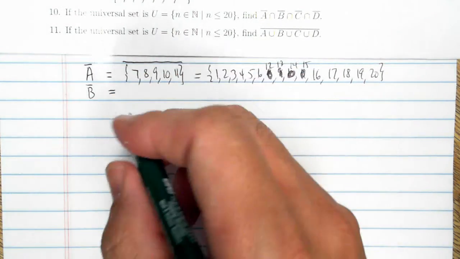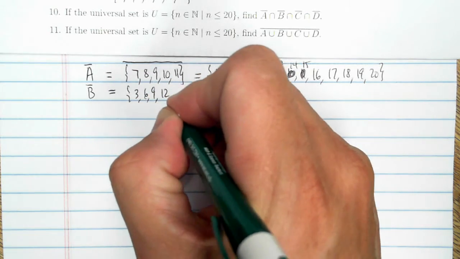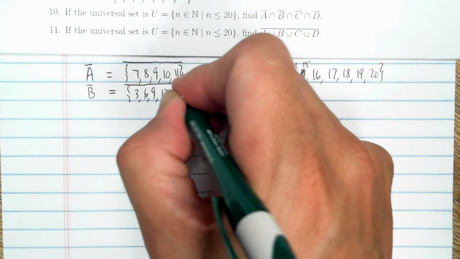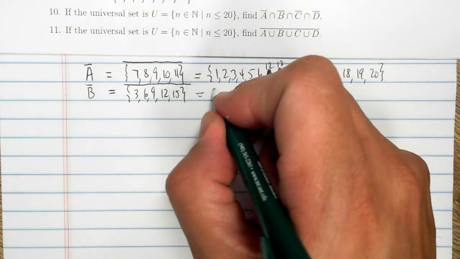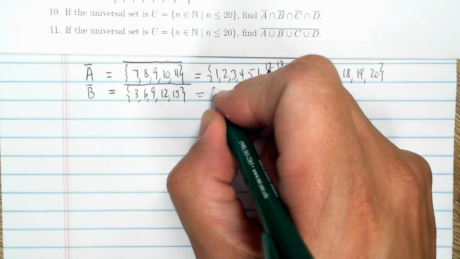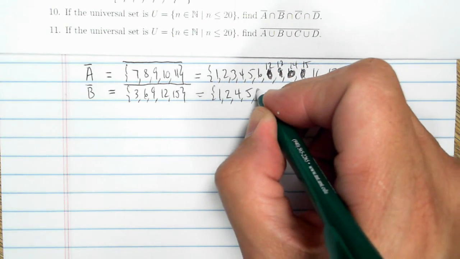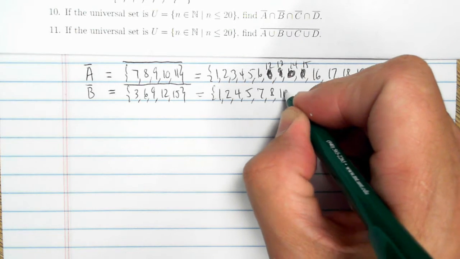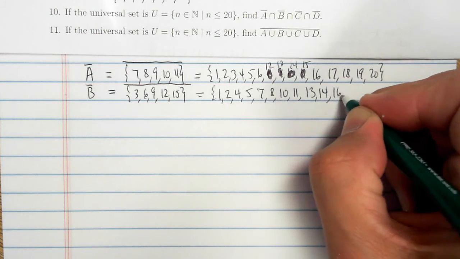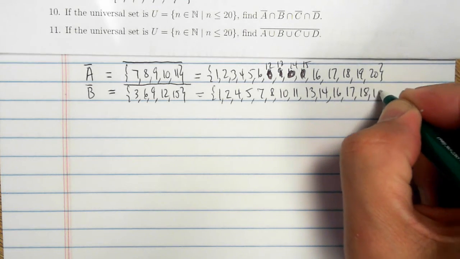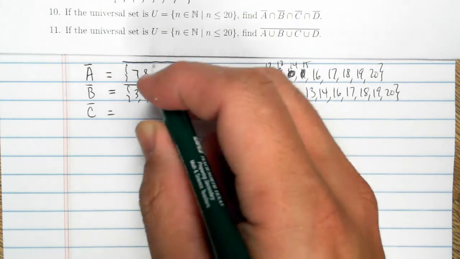B complement. Now, B was 3, 6, 9, 12, and 15. So I want the complement of this, and that's equal to 1, 2, not 3, 4, 5, but not 6, 7, 8, but not 9, 10, 11, but not 12, 13, 14, but not 15, and then everything else up until 20. C complement.